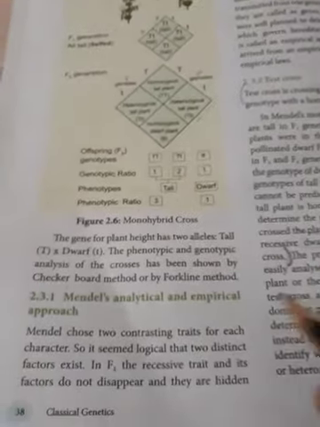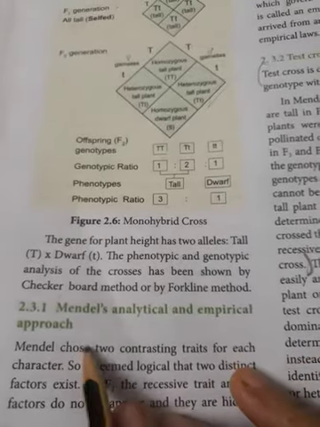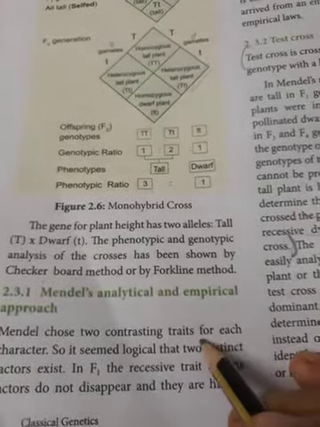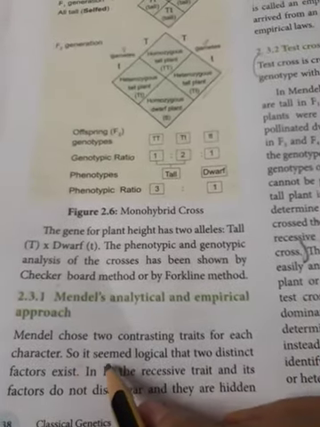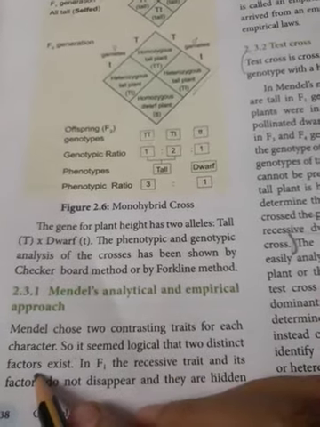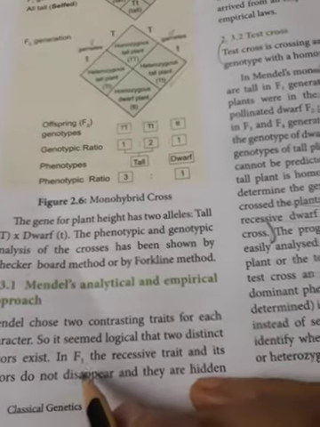That is 10th standard. Mendel's analytical or empirical approach: Mendel chose to contrast two contrasting characters or traits for each character. So it seemed logical that two distinct factors exist, one the dominant factor and the other the recessive factor.